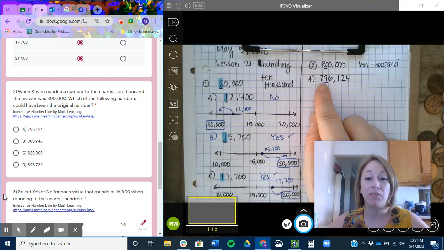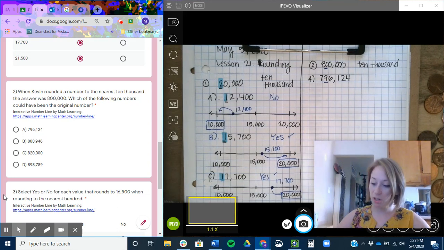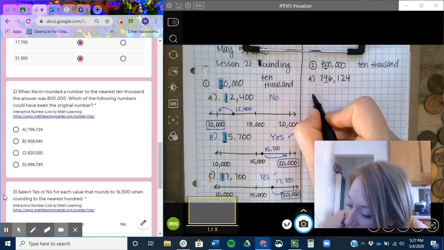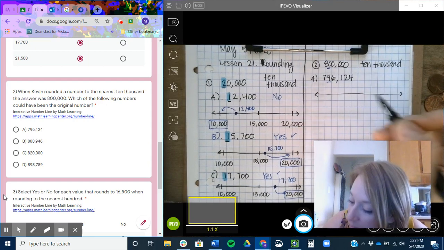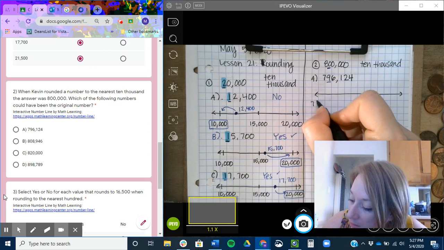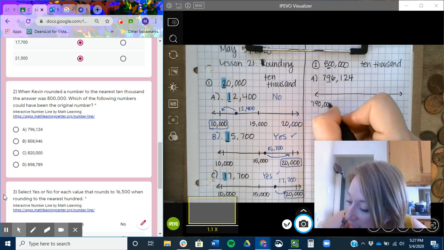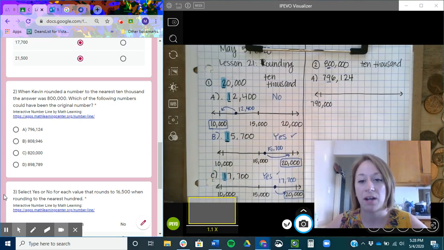Well, since it's at 790, the next 10,000 would be 800. So when we're setting up our number line, the beginning value is 790,000.